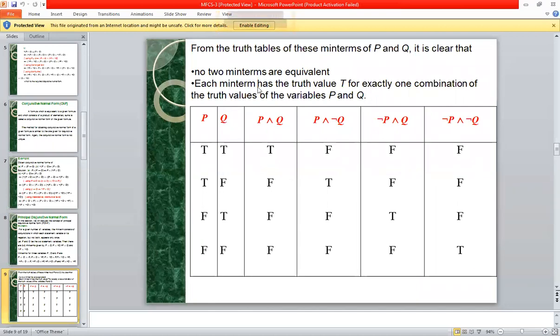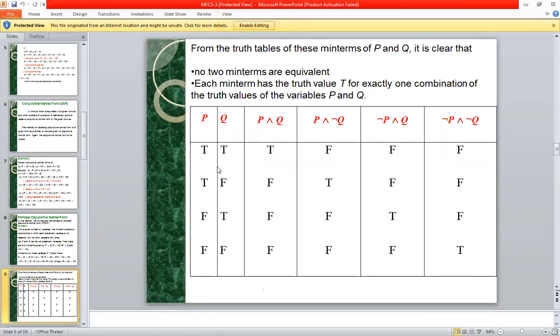Each minterm has the truth value true for exactly one combination of the truth values of the variables P and Q.